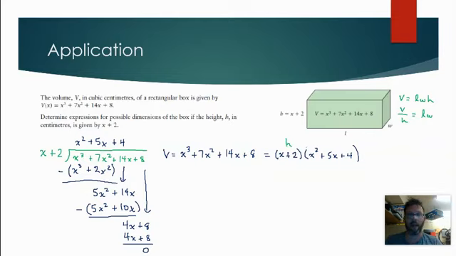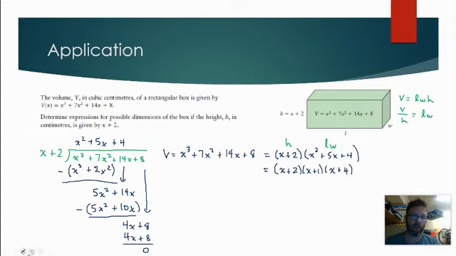Remember, volume is length times width times height. So this expression, x squared plus 5x plus 4, must be the product of the length and width. And astute observers may have seen that we can factor that trinomial into x plus 1 times x plus 4. So we get x plus 2 times x plus 1 times x plus 4.